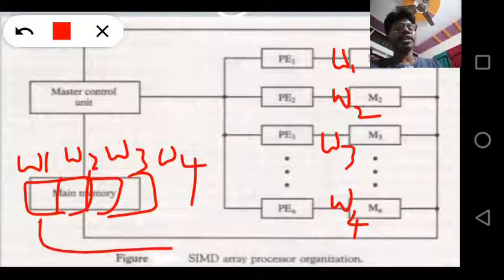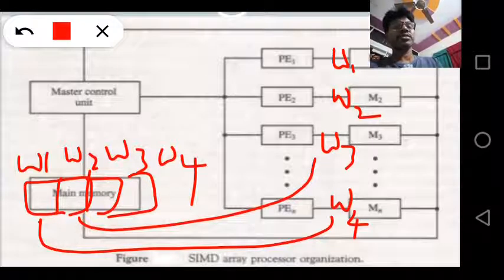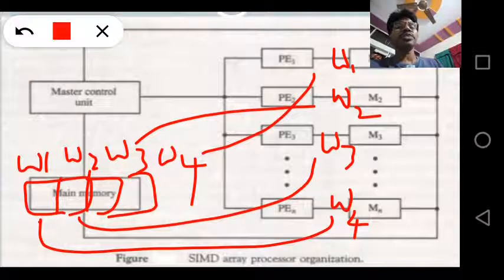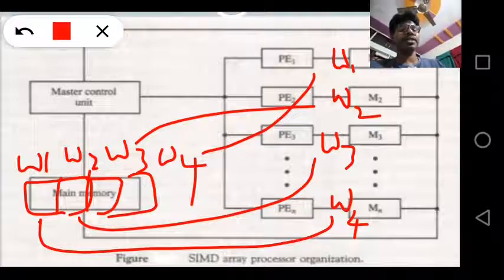Then they get this data by using a concept called memory interleaving.